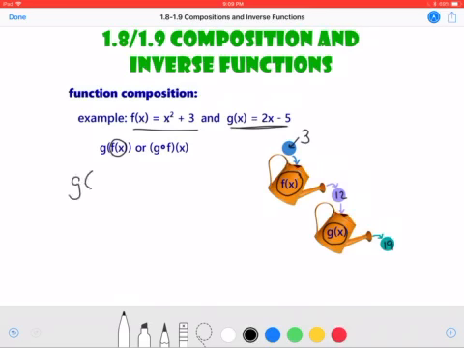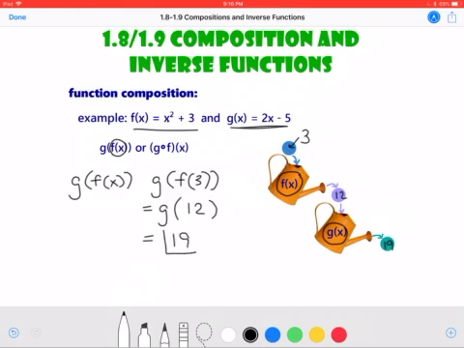So that's a composition that goes g of f of x. Or in this case, we did g of f of 3, right? We figured out that f of 3 came out as 12, and g of 12 came out as 19.